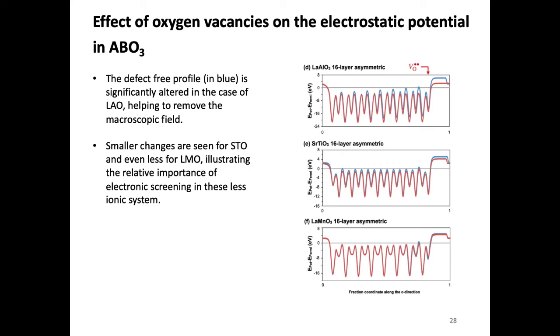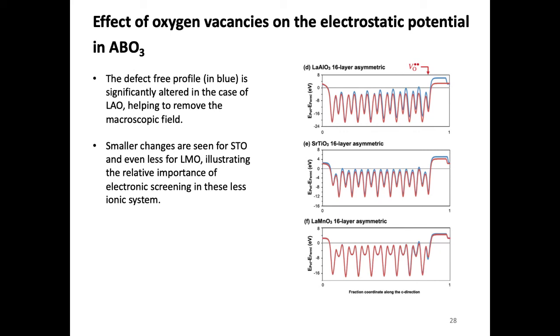Now, further down the road, we will briefly discuss the effect of oxygen vacancies on the electrostatic potential in ABO3. So for the three cases we just discussed, LAO, STO, and LMO, you can see the defect-free profile is marked in blue. It is significantly altered in the case of LAO, helping to remove the macroscopic field.